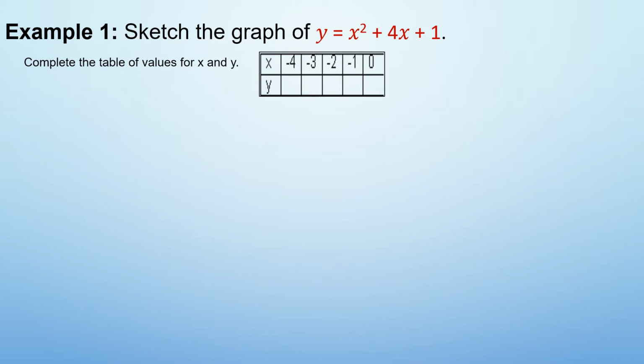Let's have an example. Sketch the graph of y is equal to x squared plus 4x plus 1. So first, we will complete the table of values for x and y, using the function y is equal to x squared plus 4x plus 1. If x is negative 4, let us substitute negative 4 to x.